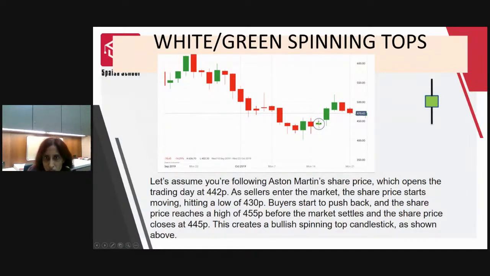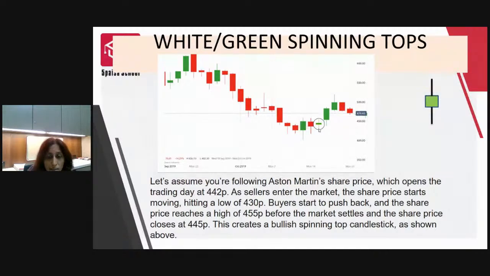Now what does it reflect? Let's assume you're following Aston Martin's share price, which opens the trading day at 442 pence. As sellers enter the market, the share price moves down, hitting a low of 430. So the sellers have pushed the price down to 430.